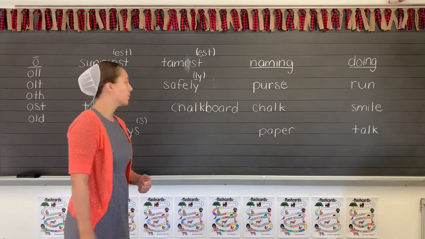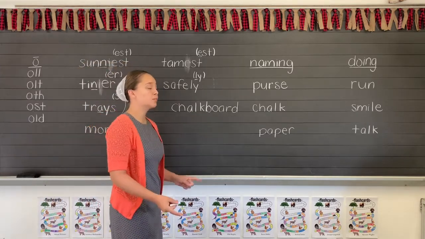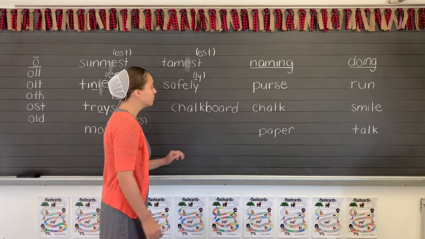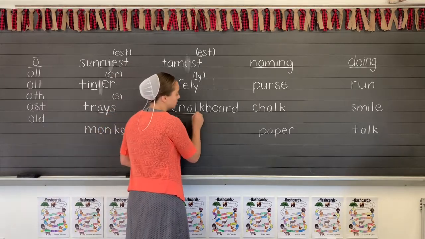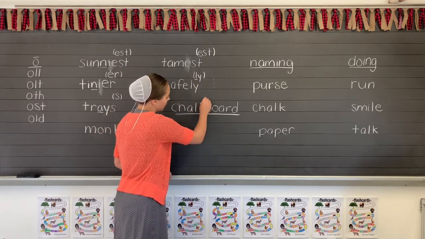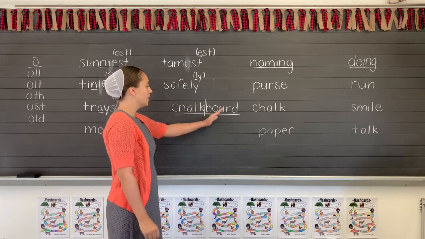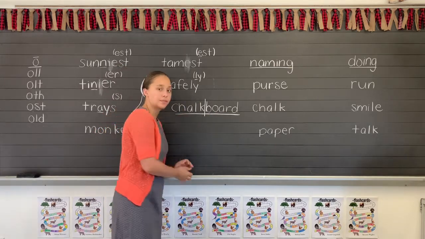So the word chalkboard, this is a compound word, right? Because a compound word is 2 little words put together to make 1 new word. So you're going to underline this word, because that word is a compound word. And then it says divide the word. You're going to put a line between chalk and board. Show that the first word is chalk, the next word is board. Okay?